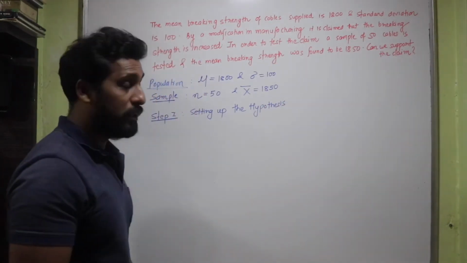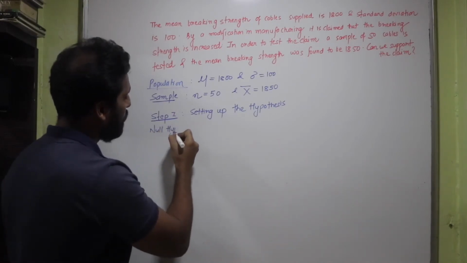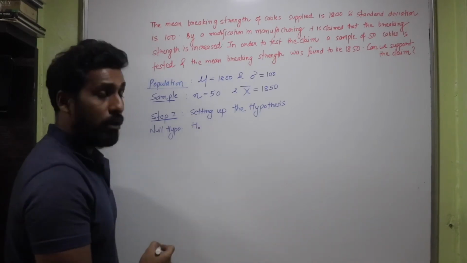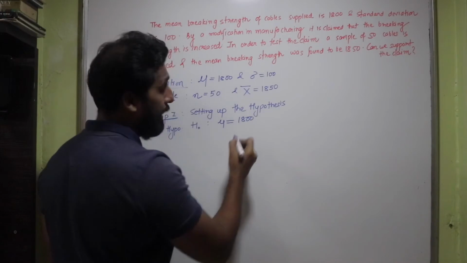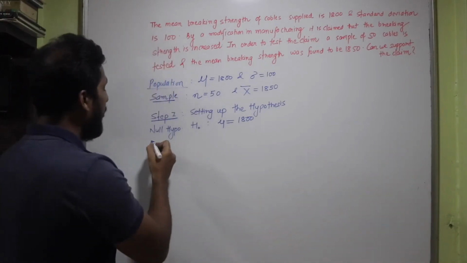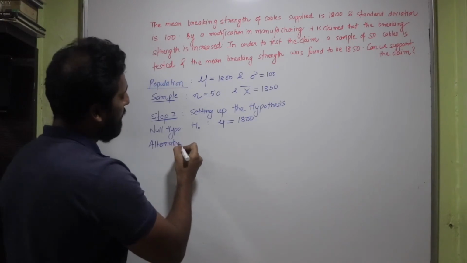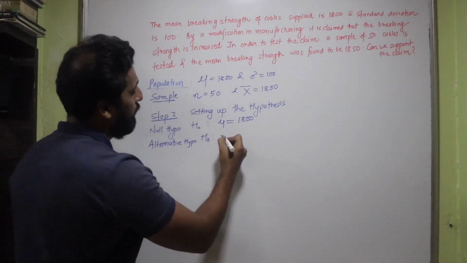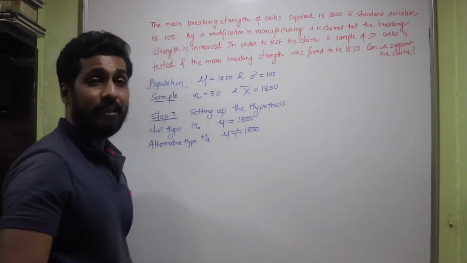So first of all, I'll write the null hypothesis, which is denoted by H naught, and it is told that mu is 1800, isn't it? And then I will write the alternative hypothesis, which is denoted by HA, and here I will tell that mu is not 1800, isn't it?